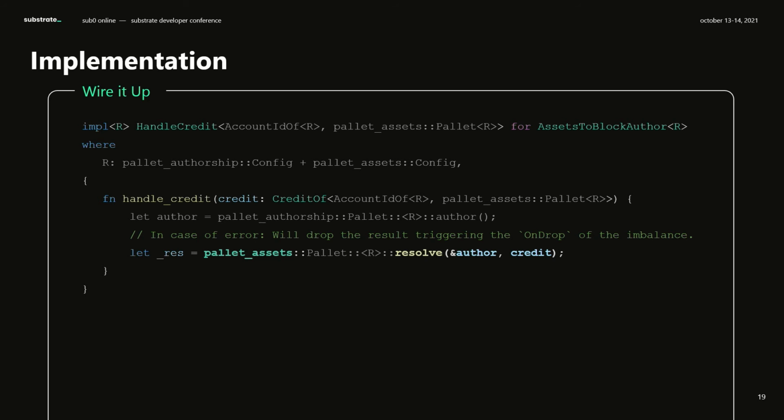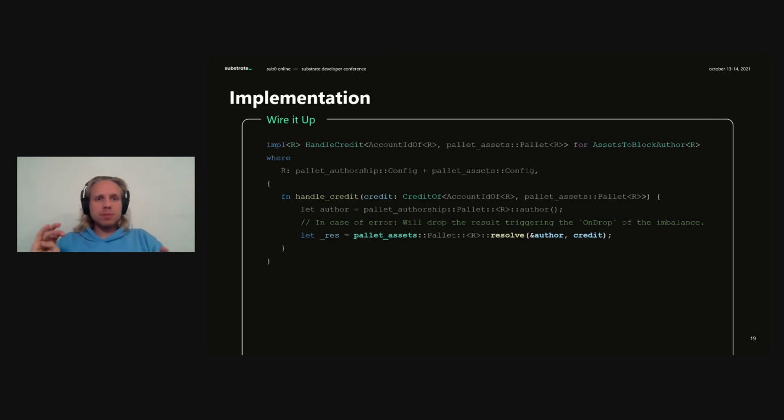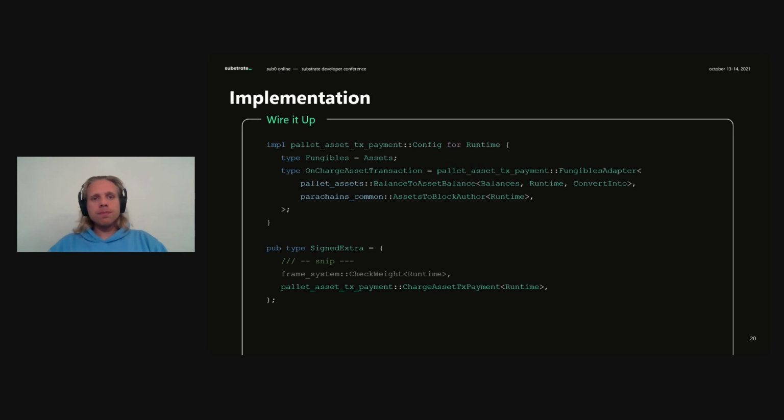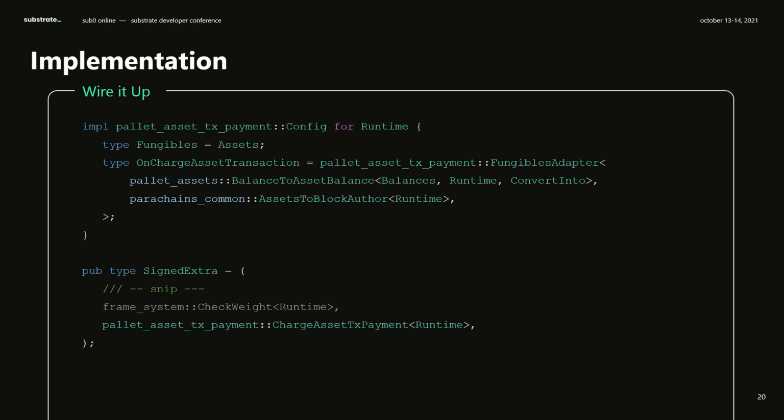So very simple implementation. And now we need to put all of those pieces together. And that's what we see here, right? We see the configuration for the new pallet that we introduced. Our fungibles implementation will be assets.